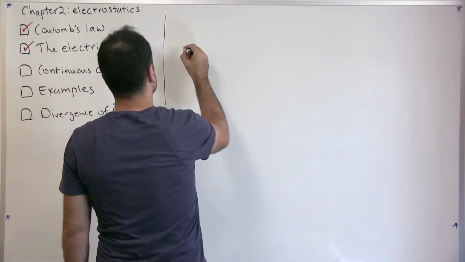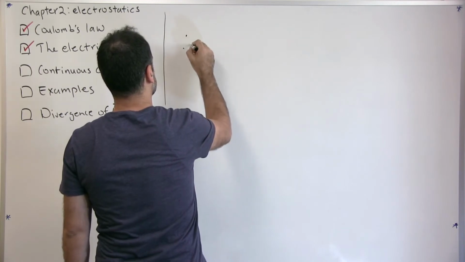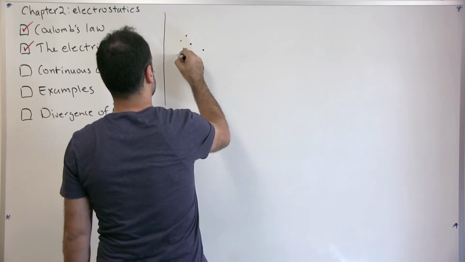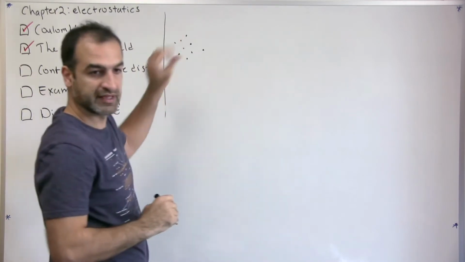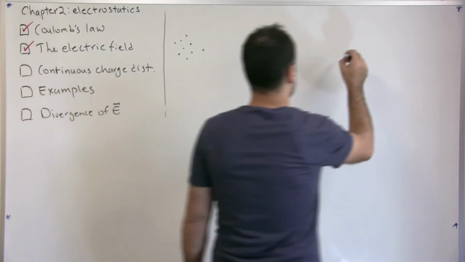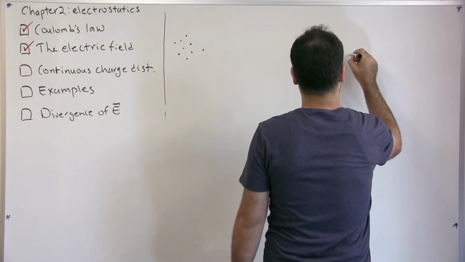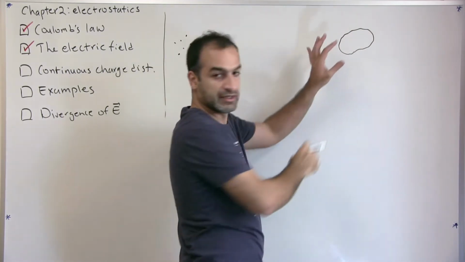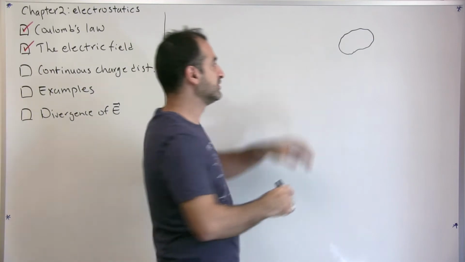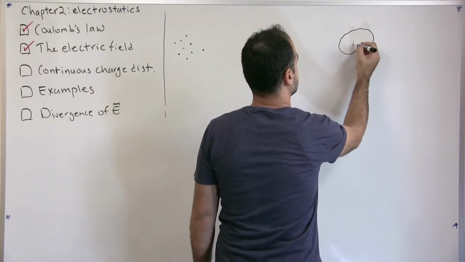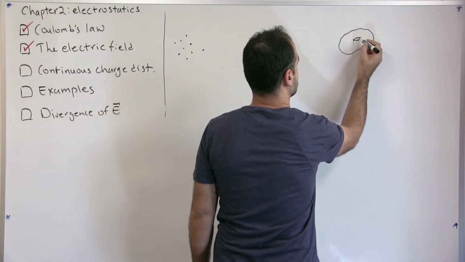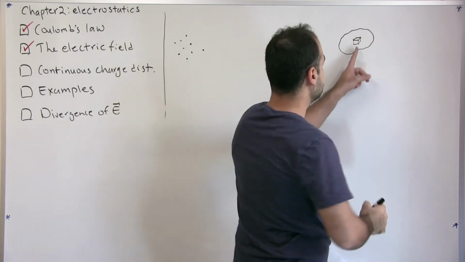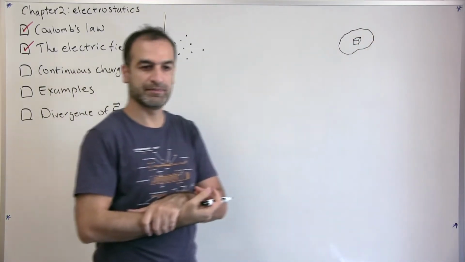So imagine you have a rather hypothetical distribution like this. We have point charges and some rather real distribution of charges where you have a volume and then you have electric charges distributed over this volume, meaning that if you choose any infinitesimal volume inside this, it has certain charges in it, okay?